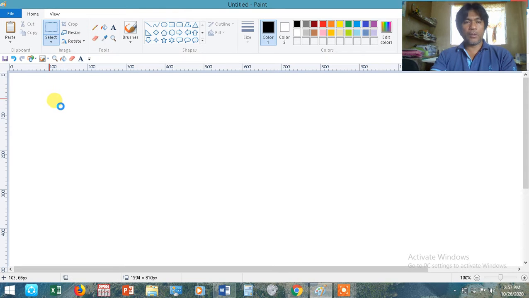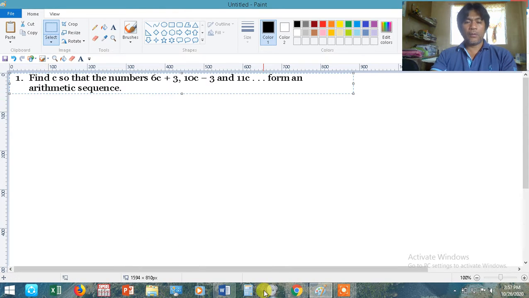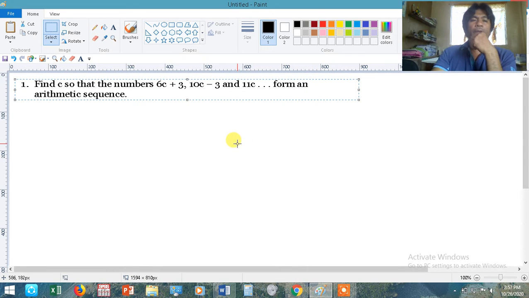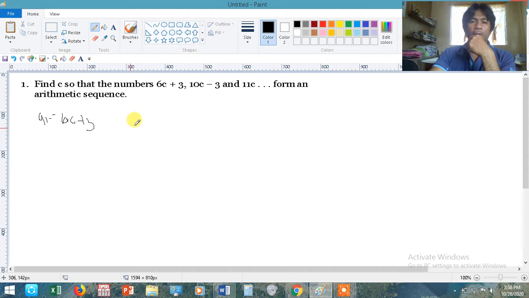So let's see, the problem is find C, the constant C. What's the value of C such that if you substitute the value of C, it will form a series like A sub 1 equals 6C plus 3, right?